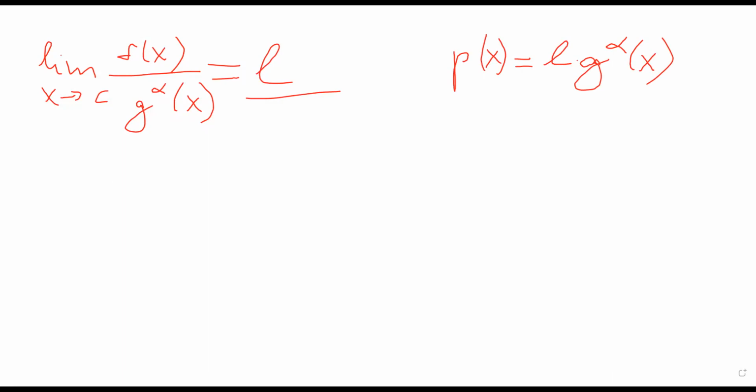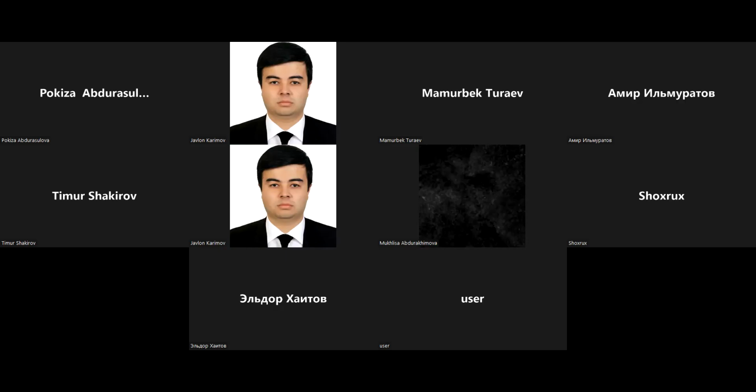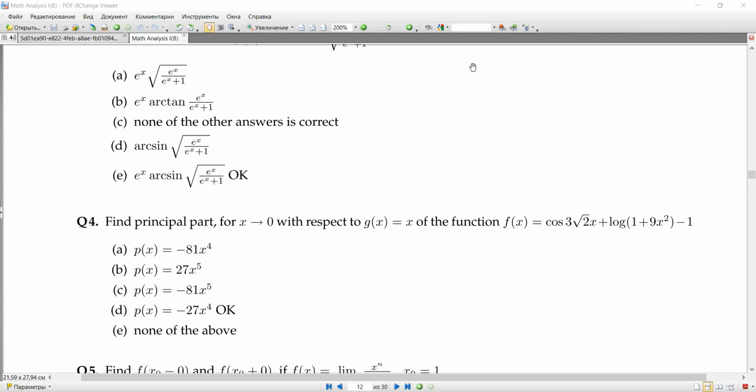Is it clear? For example, let me demonstrate. So for example, here we have exercise number 4, principal part: find the principal part of this function.